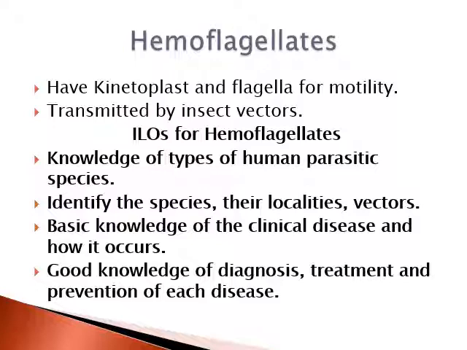We must know the types of human parasitic species, identify the species, their localities, and vectors also. We must have basic knowledge of the clinical disease and how it occurs. Also, we must have good knowledge about diagnosis, treatment, and prevention of each case.